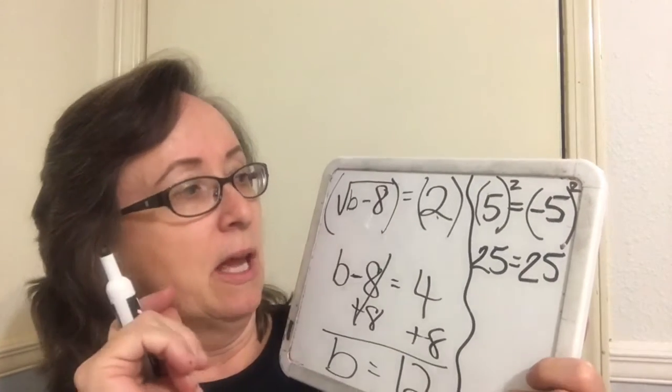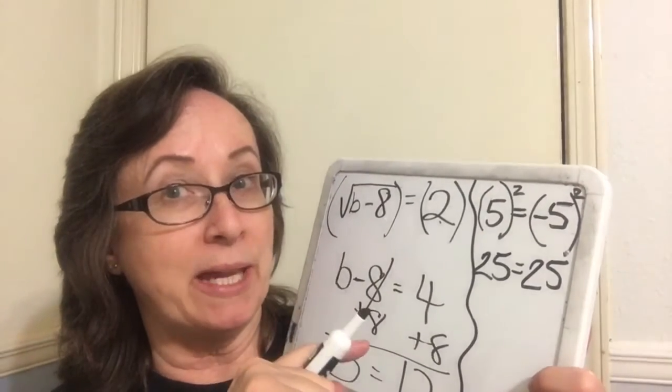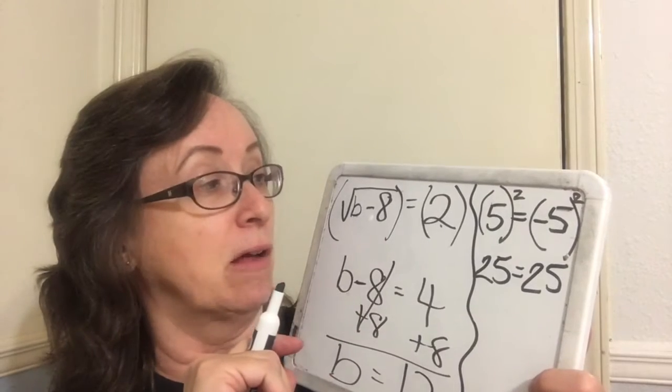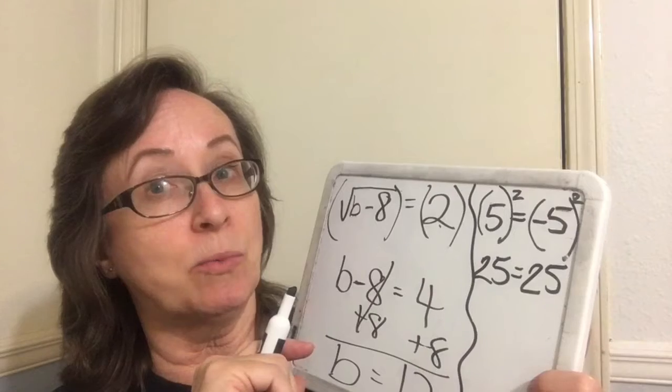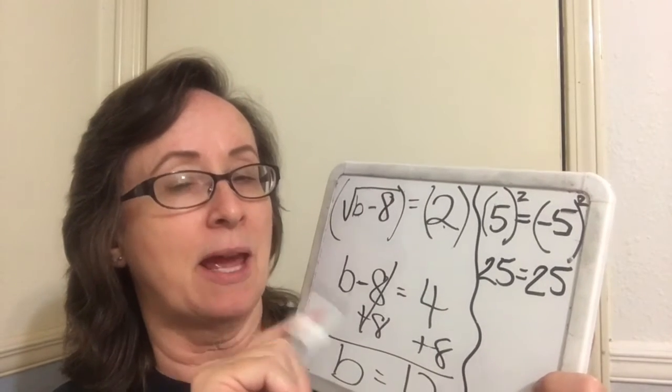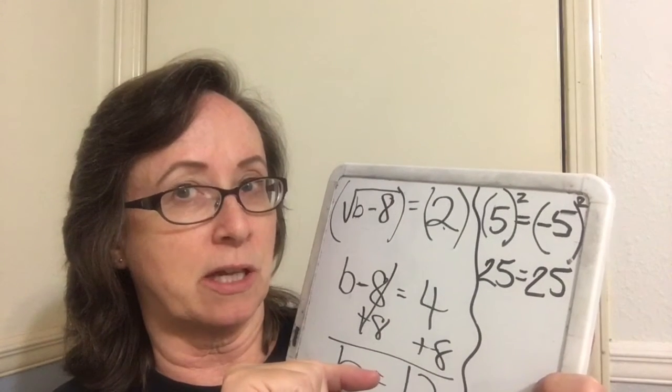All right, so when we use this method to solve a radical equation, we must always plug the solution back into the original equation, because when we square both sides, we will always get every possible solution, and sometimes we will get extra solutions.